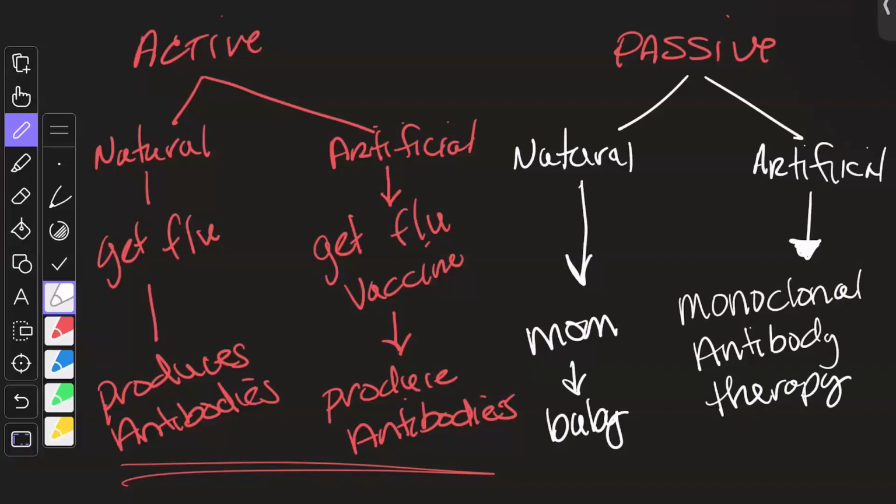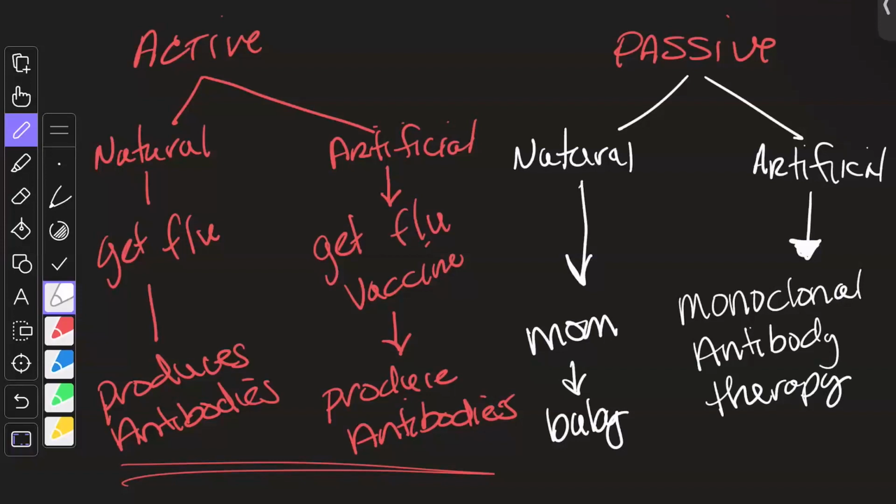So this was a passive artificial. We weren't giving them the antigen in order to encourage their body to make antibodies. We were giving them antibodies directly to help their body fight off the existing virus.